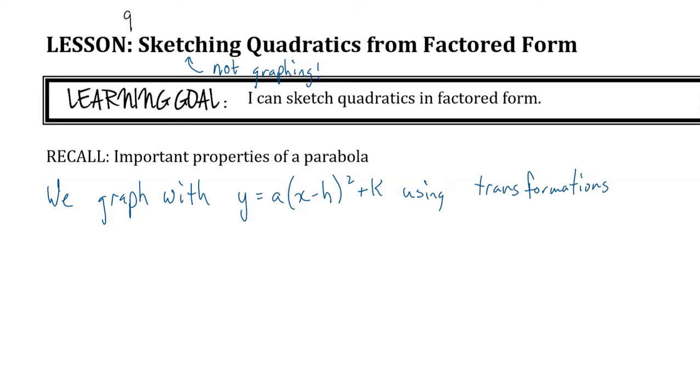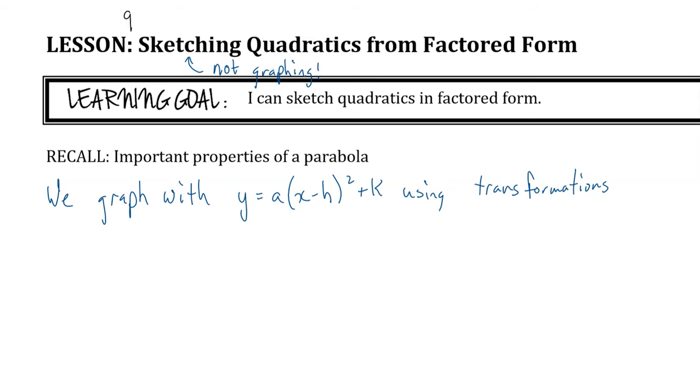So we label whatever information we have. And depending on what you're sketching, it's going to be totally different. Okay? But this is very different from graphing with transformations. And so when we're going to do this sketching, it's all going to be based on the properties of the graph that we can get, in this case, from factored form.